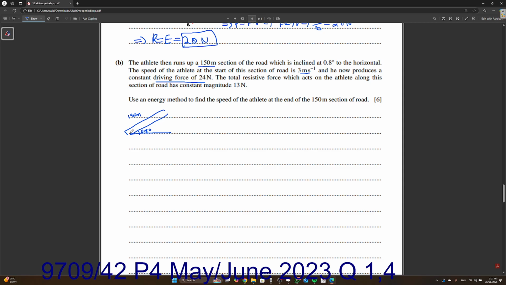And he starts over here. We know that V initial is equal to 3 meters per second. His driving force is 24 newtons, so he is pushing with 24 newtons. The resistance force is equal to 13 newtons. The distance is 150 meters. And his mass is 84 kilograms from part A.